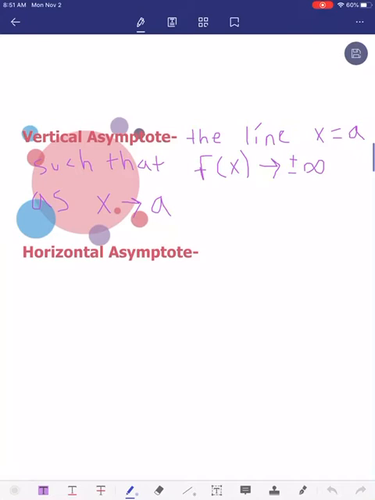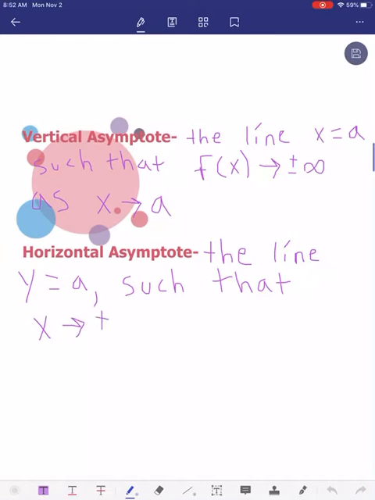But we also have horizontal asymptotes, and those are going to be a very similar concept, but it's going to be the line y equals a this time, such that as x goes towards positive or negative infinity, y goes towards a.